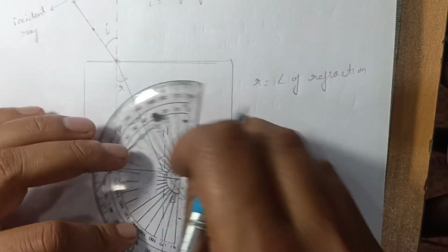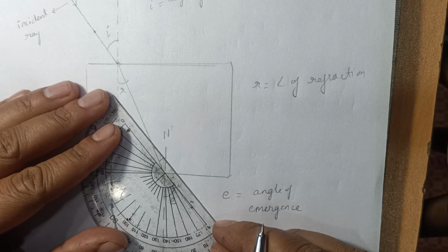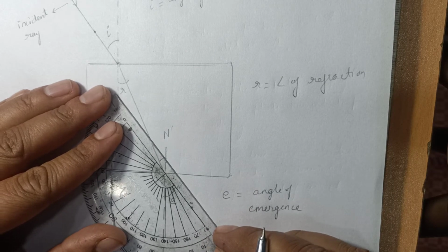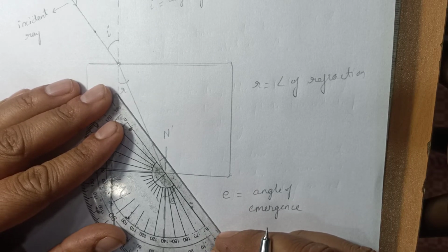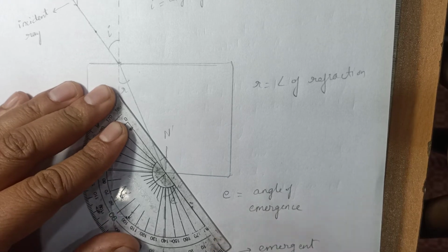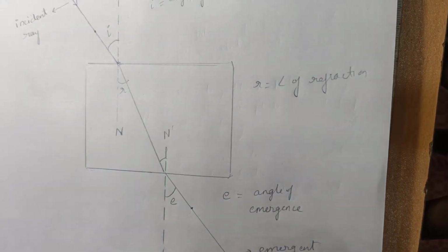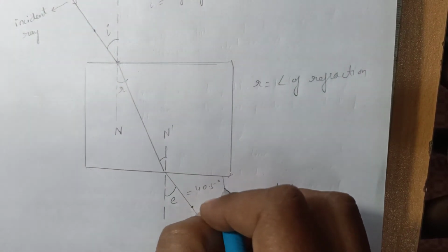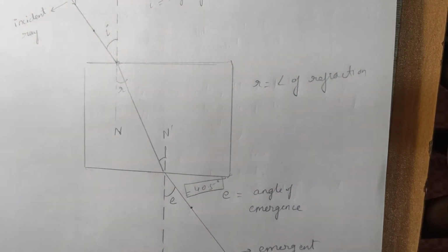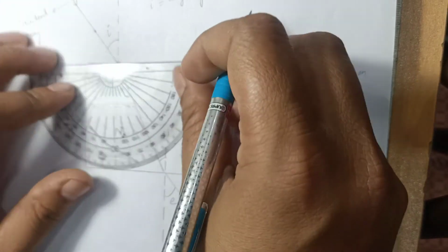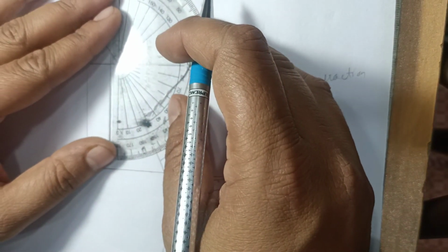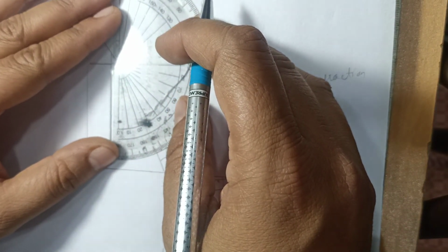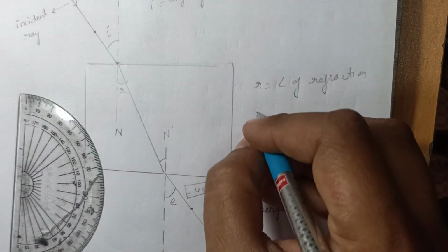Now what about angle E? Now clearly we have observed that angle E comes out to be 40.5 degree, and angle R is 25 degree.